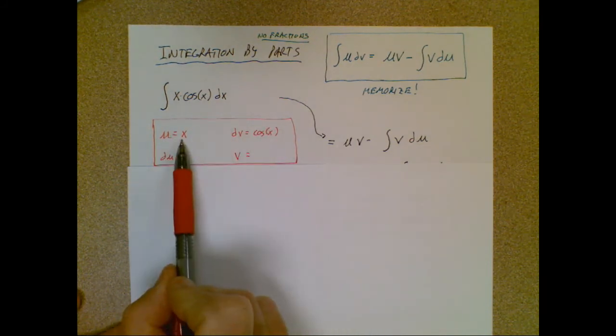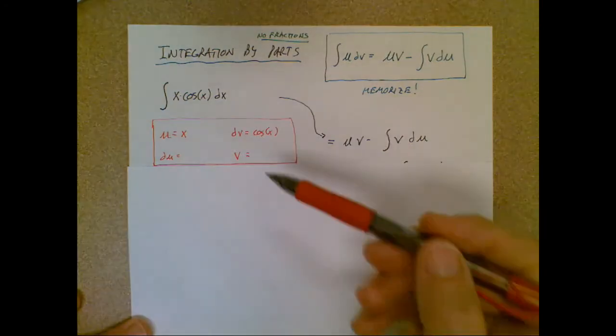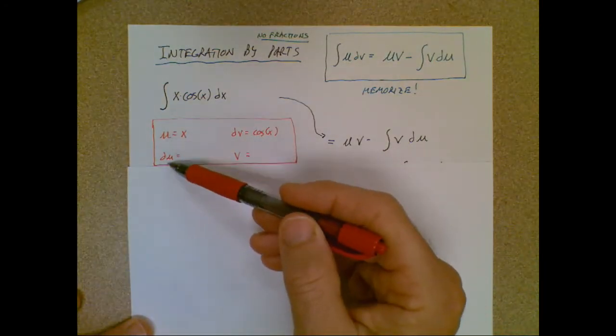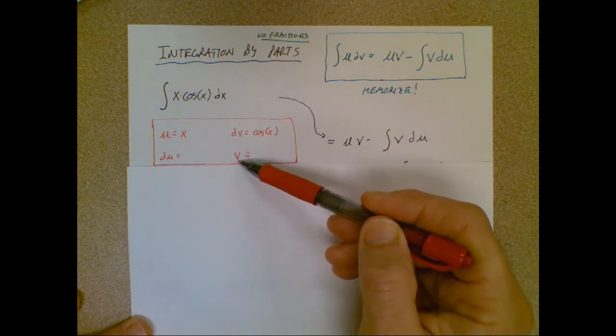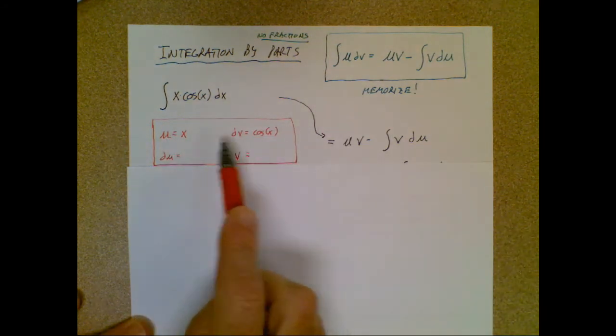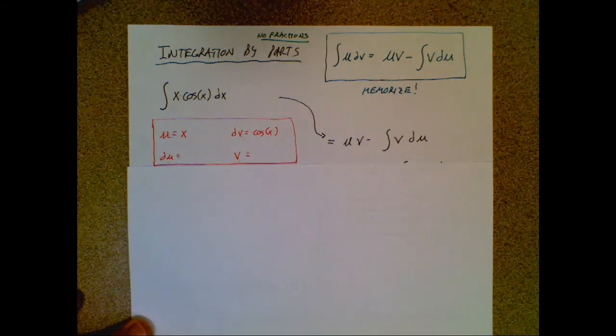So I make this u selection and this dv selection, and then conveniently right below it I say u would have a derivative du and dv would have an antiderivative v. So if you remember u and dv at the top, what goes below it is either the derivative or the antiderivative.